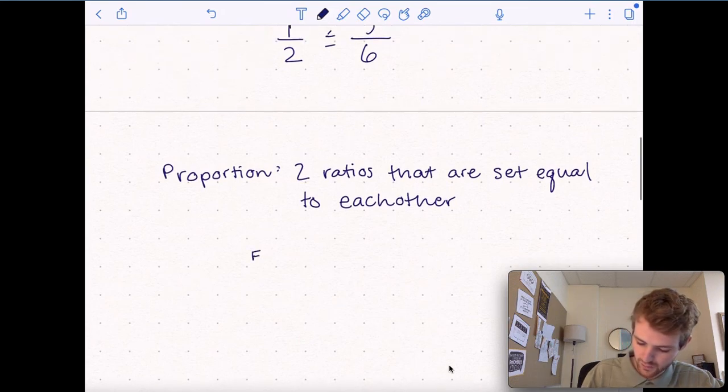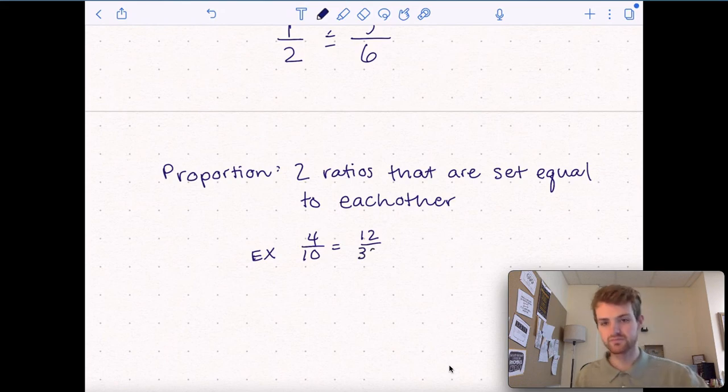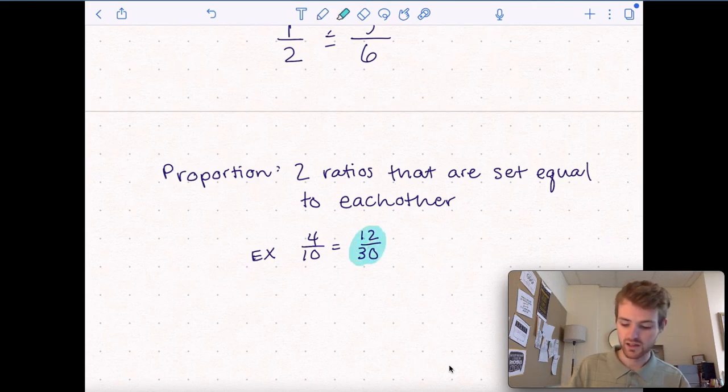So another example, maybe we could see 4 over 10 would equal 12 over 30. Two ratios that match. See, if I reduce this 12 over 30, it would reduce back down to 4 over 10.